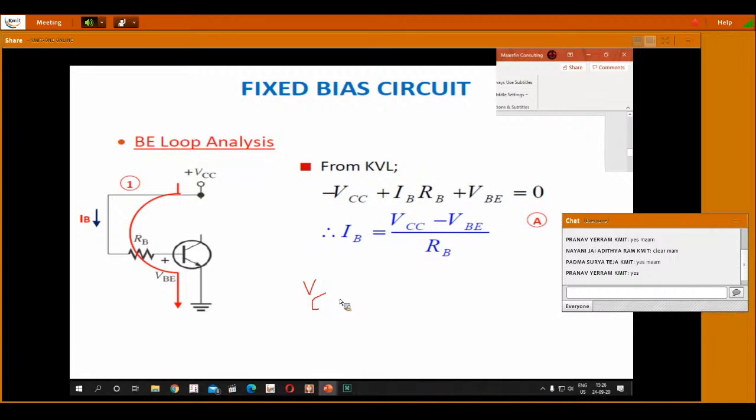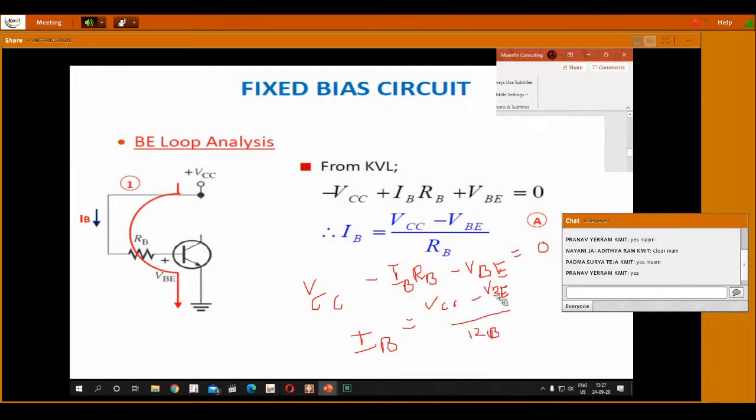Taking VCC minus IBRB minus VBE equal to 0, from this KVL in the input loop, my base current is equal to VCC minus VBE divided by RB.